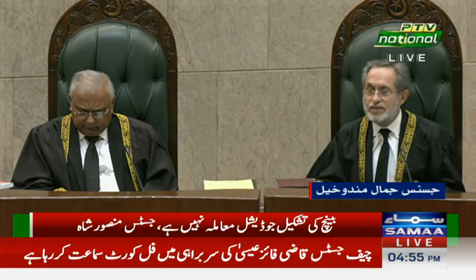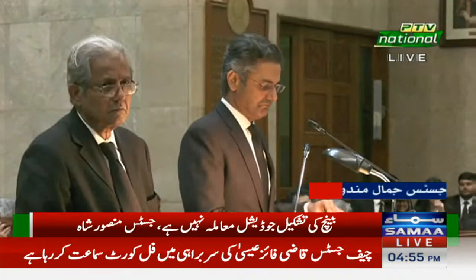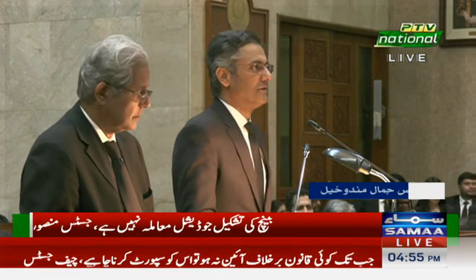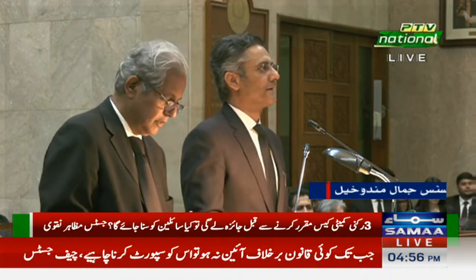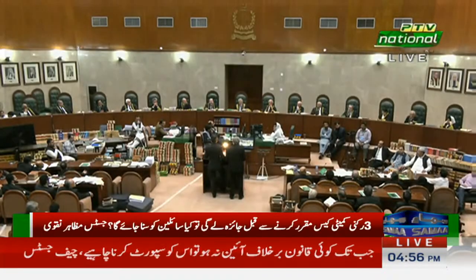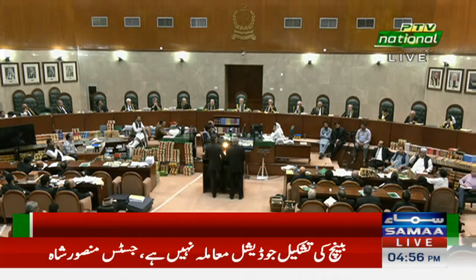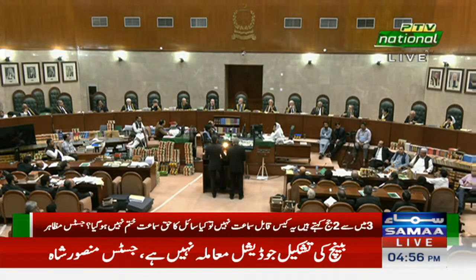So add one judge. This is larger bench. Appeal is there. Why not? No problem. I think the problem is solved by the Constitution. The remaining judges would be the same. Yes, of course. फैसला तो वही आएगा. This will be just like review.